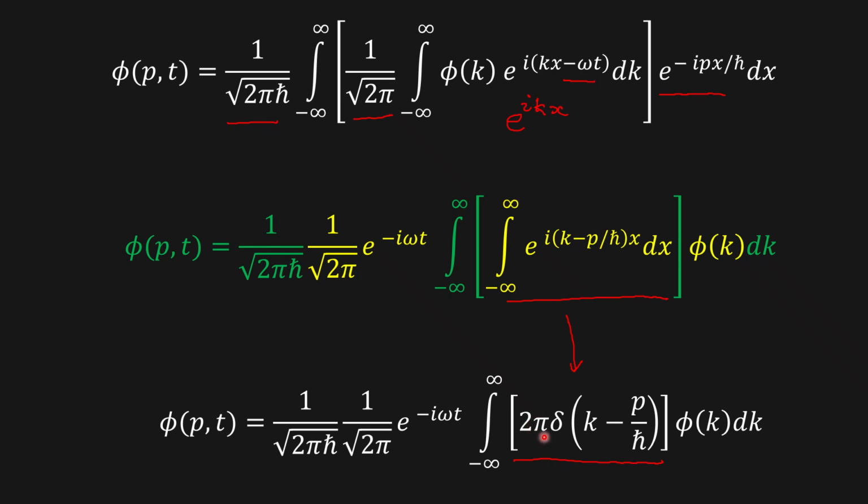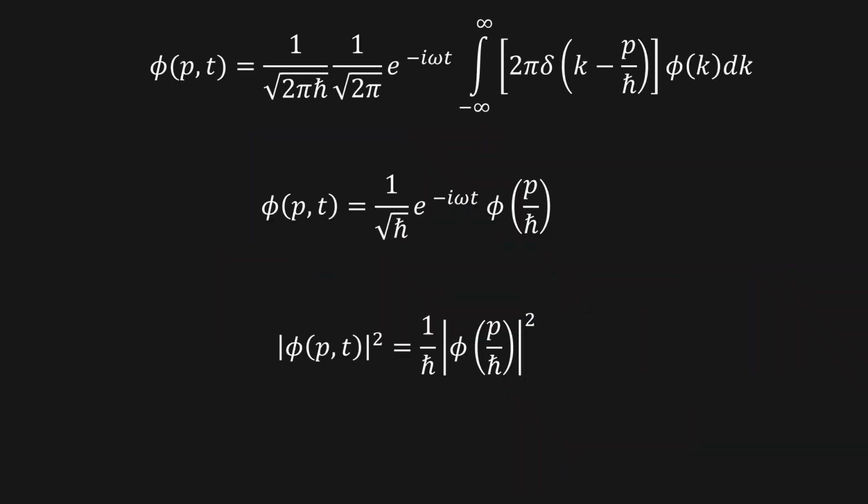So this is 2π δ(k − p/ħ), and we have taken φ(k) dk outside. So this one integral is gone. So we have to carry out the second integral, from minus infinity to plus infinity, of 2π, this delta function, and φ(k), with respect to k. Now we will do that.